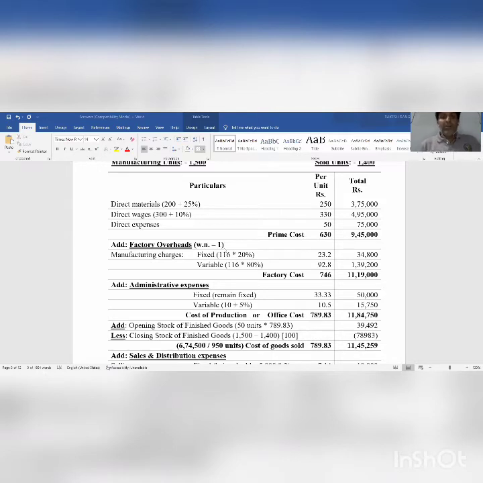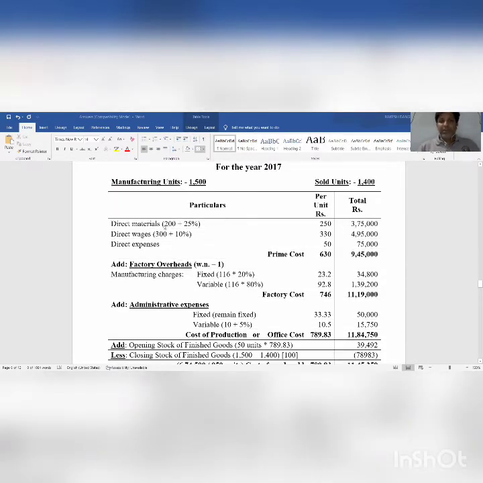Direct material is a variable nature expense, so it is calculated per unit. In the previous year, direct material per unit was rupees 200. Here it is estimated at a 25% increase, so 200 plus 25%. 25% of 200 makes it rupees 250 per unit.